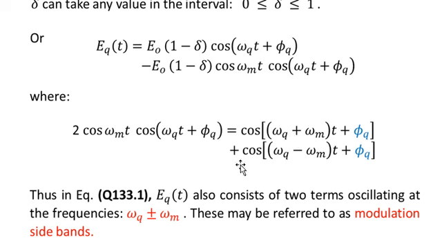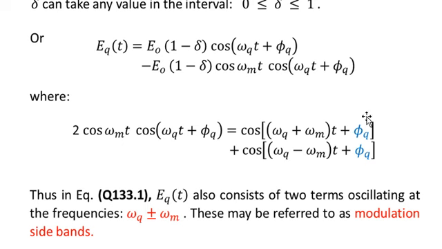Due to these two additional cosine functions, one has frequency omega_q plus omega_m, that is, the modulator frequency is added, and the second one is omega_q minus omega_m, that is, the modulator frequency is subtracted from the frequency of the qth order mode.